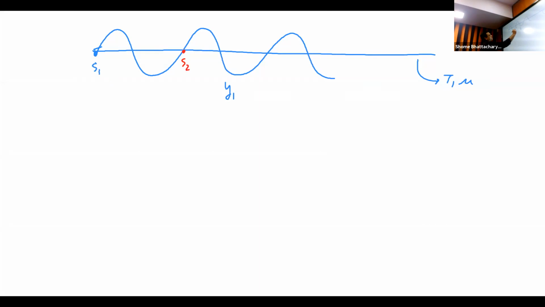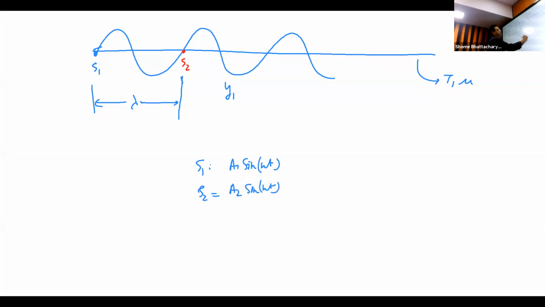So this path difference between them is exactly equal to lambda, and S1 and S2 are in phase, suppose. S1 has this kind of an equation, and S2 has this kind of an equation.